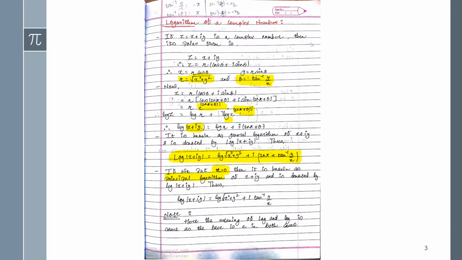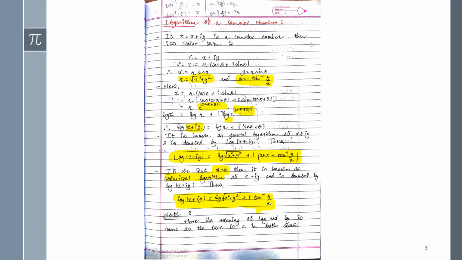If we put n equals 0, then the new formula we get is known as the principal logarithm of x + iy, and it is denoted by log of (x + iy). So in this formula I am putting n equals 0, then you will get definitely this one term because n will be 0. These both formulas are very much important, guys.